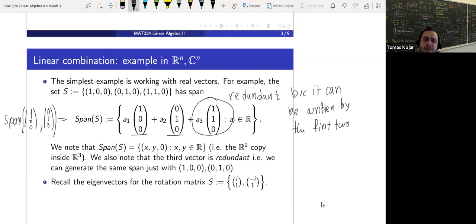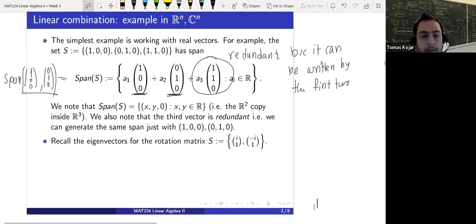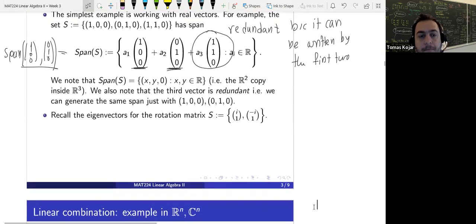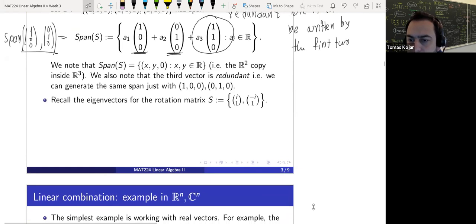You will see that many times we're given some collection of vectors, some data set, and we only need a couple of them. We don't need every single data point. We just need enough to span our data to get some pattern. Is that okay?